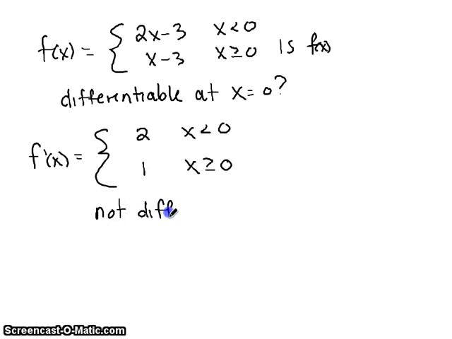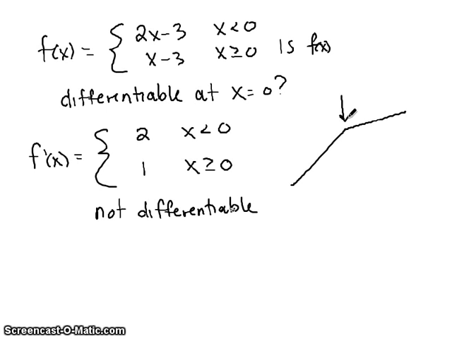So we're going to say not differentiable. So if we had a slope of 2 followed by a slope of 1, we have a corner right there. And again, if you want to call that a cusp, you could, and AP would be all right with that. So all we need to do is take the derivative of your piecewise function and try to get the derivatives of each piece to match up.